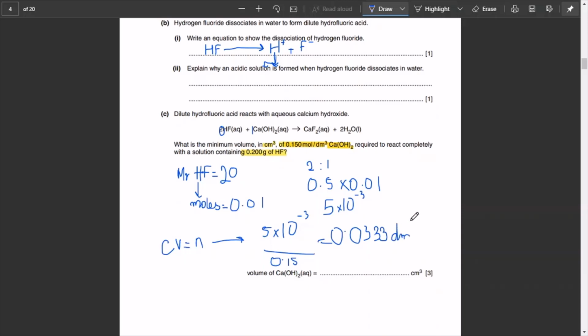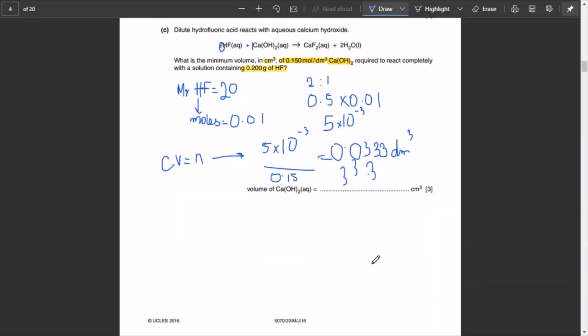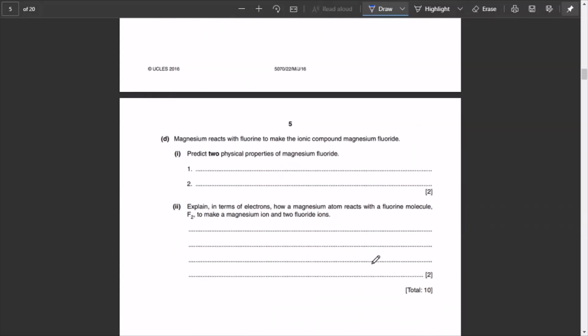Now for centimeter cube, we're going to multiply it by 1000, and it is going to be 33.3 centimeter cube.